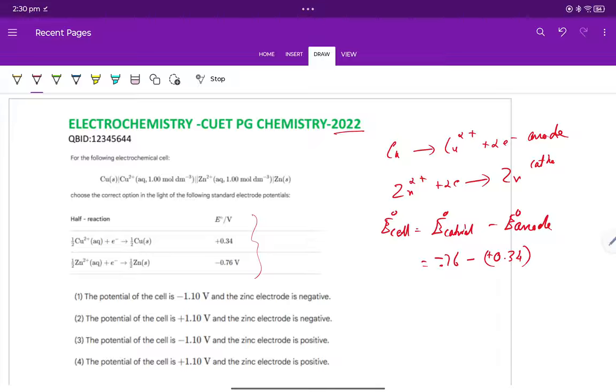So minus and minus, this will come 0.76 plus 0.34, so it will be 1.10 volts. And the sign will be minus, so 1.10 volt.